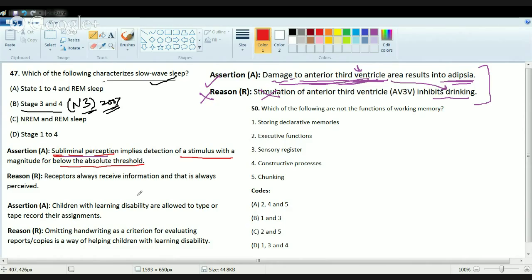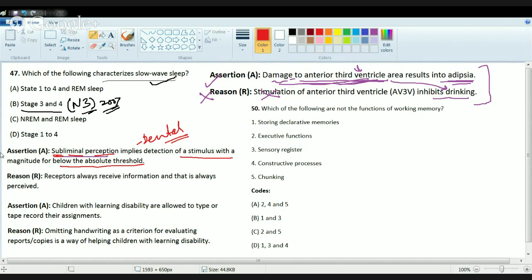But since you are having a severe toothache, every time you cross the road, all the boards carrying information on dental clinics, you will have a constant attention on those boards. So that is subliminal perception. You are not willingly seeing those, but it is acting subconsciously, below the absolute threshold.